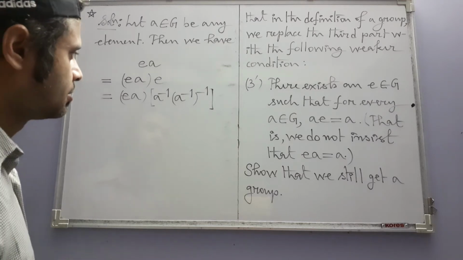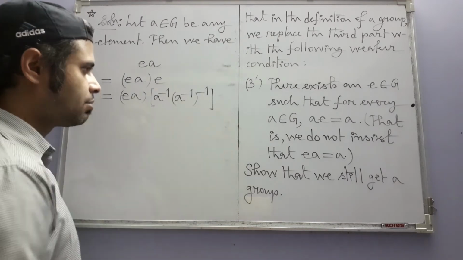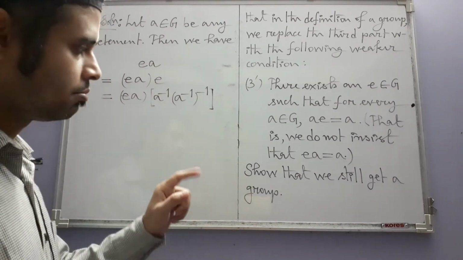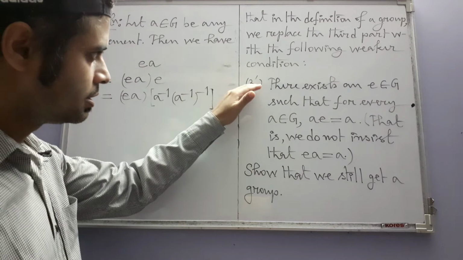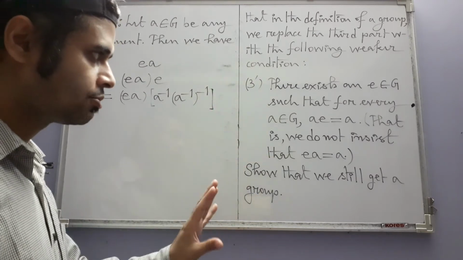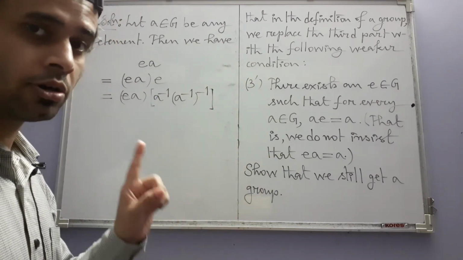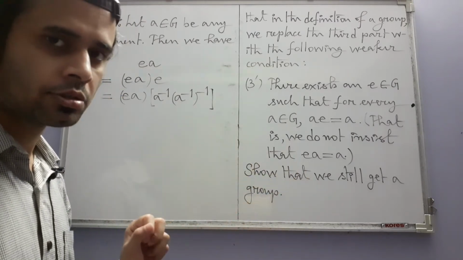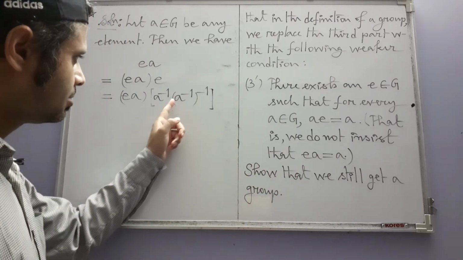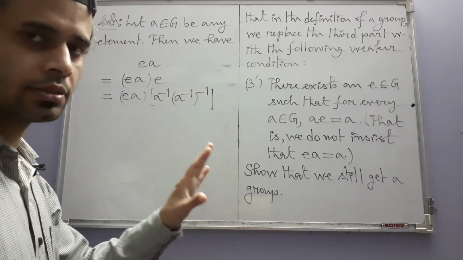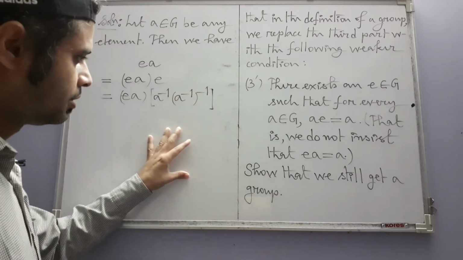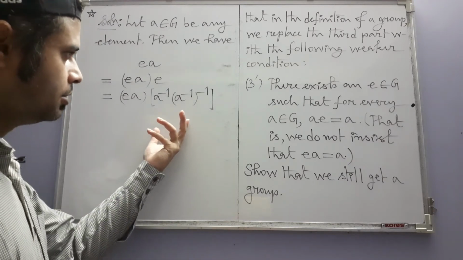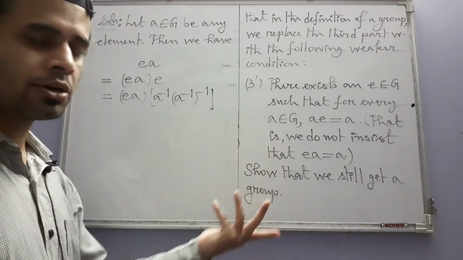That is because where are these inverses coming from? From the fourth axiom. But don't forget that the system we now have is not a group, not yet. In fact, that's what we are being asked to show. So all these results that you have in this section about groups, none of them is available to you, because it may not be a group.